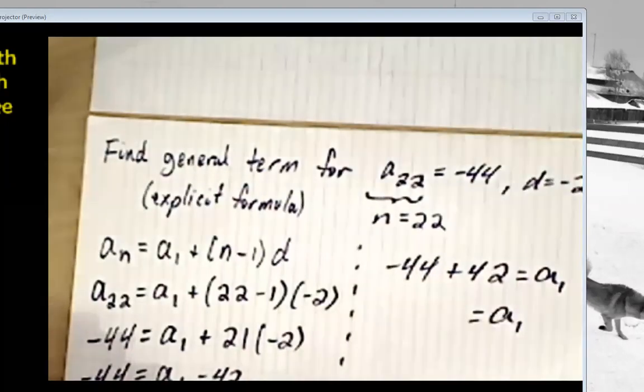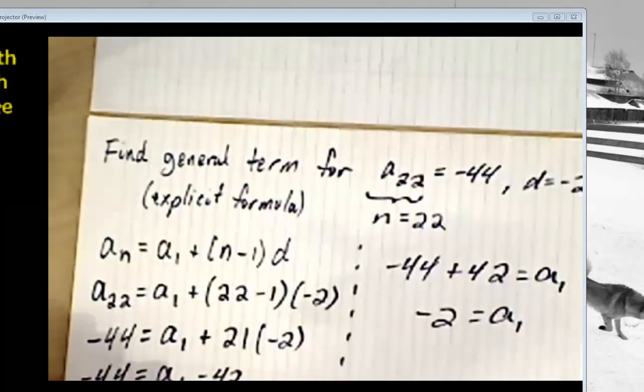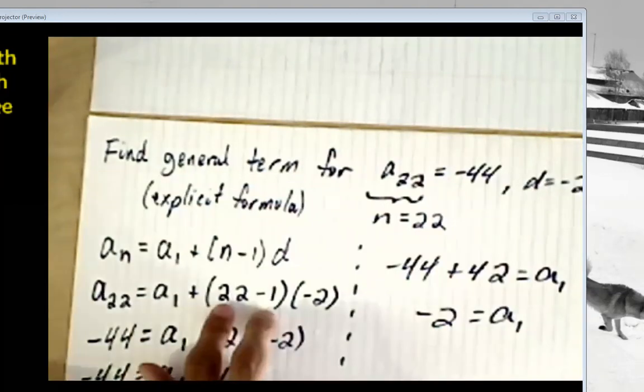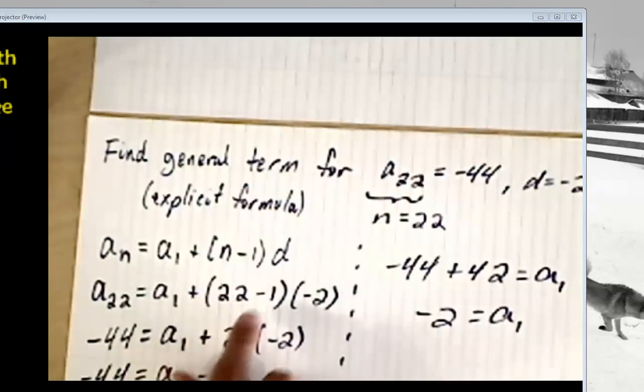And so A1 then is going to be the minus 2 there, right? Coincidence happens to be the same as D. Going back here, we substituted in for N, right? Yep. So we just subtract those and get 21.